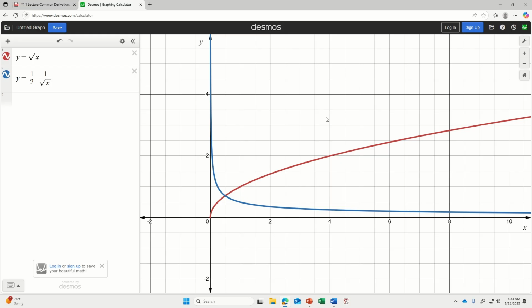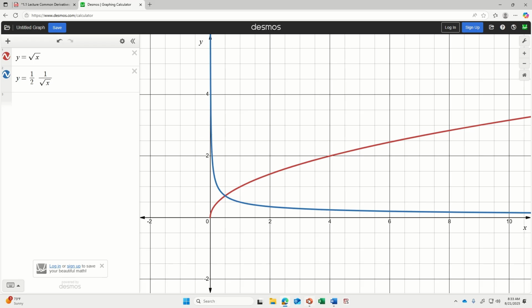So we expect when we look at the derivative, there's no places where the derivative is equal to 0. The red curve is always increasing from left to right, so we expect the derivative to have only positive values. And the slope starts off pretty much vertical, right? And then it kind of levels off and gets more flat. So in the derivative, we expect the derivative to start off extremely large and then get closer and closer to 0 over time. So it makes sense.